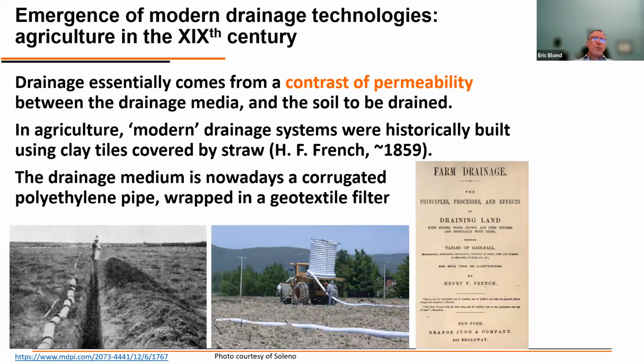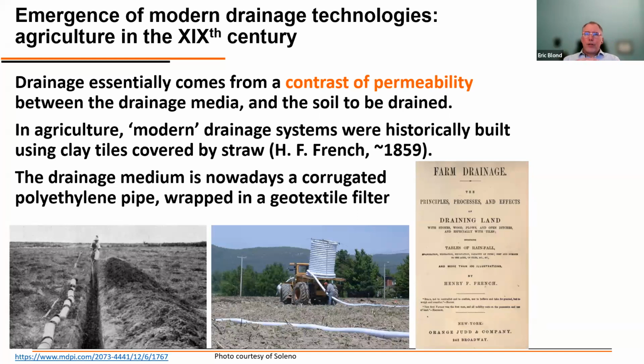If we look at how the modern technologies were developed, this comes from agriculture in the 19th century. Before that, it would, of course, be done, but the way we approach drainage and filtration really comes from the 19th century.